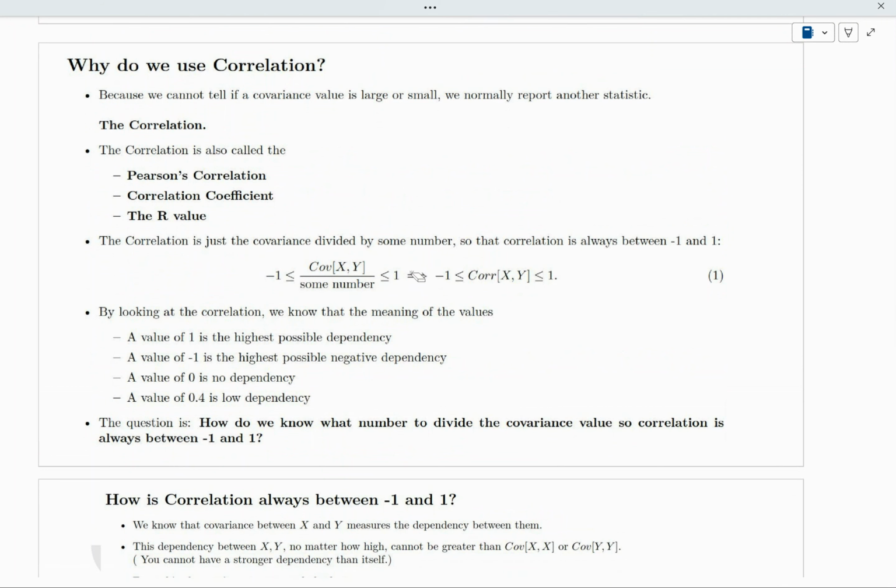And that is great because if I tell you -0.98, then we know this is a very strong negative relationship, right? If we say 0, then it's 0. And if I say 0.99 positive, we also know this is a strong relationship. So scaling them between -1 and 1 is very, very useful.